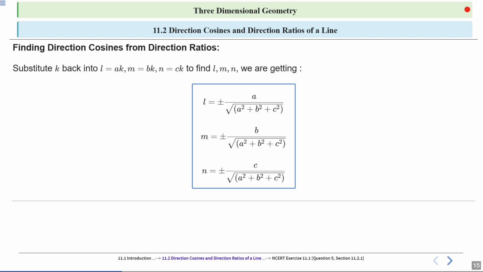M equals plus minus B divided by square root of A square plus B square plus C square. N equals plus minus C divided by square root of A square plus B square plus C square.